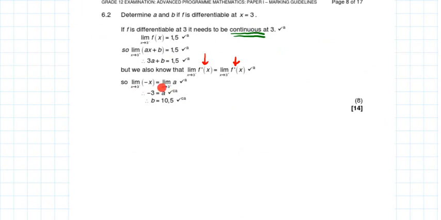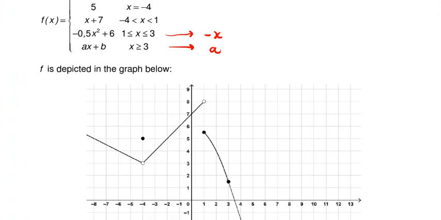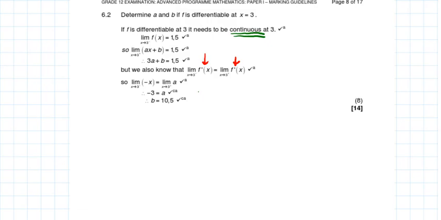When you substitute x with 3, that will be minus 3. So minus 3 is a. Basically, a is minus 3, you see. Because that's what we said: these must be equal at x is 3. So when x is equal to 3, a is equal to minus x, which is minus 3. That's what is done in the solution. So you find a first. After a, we can find b.